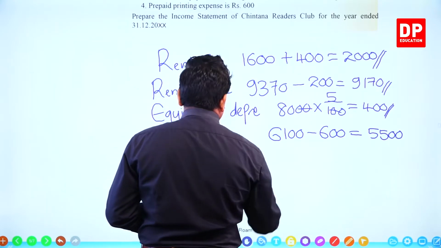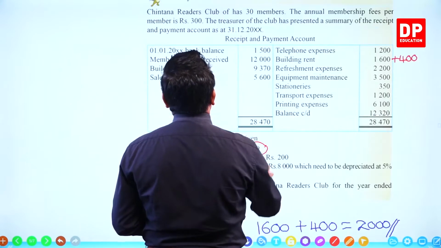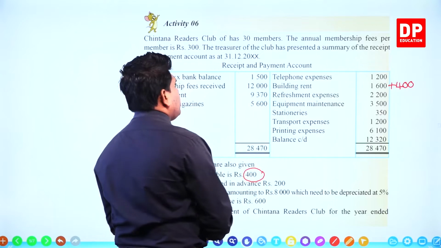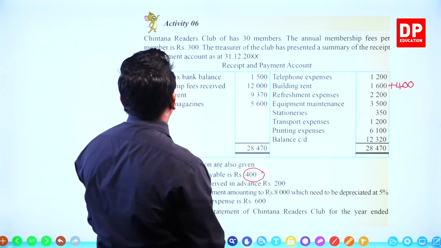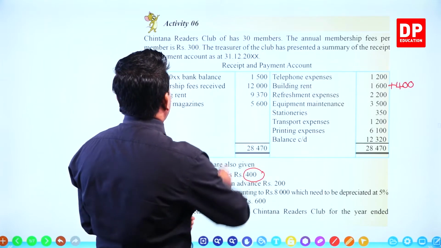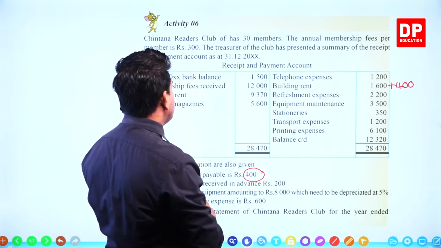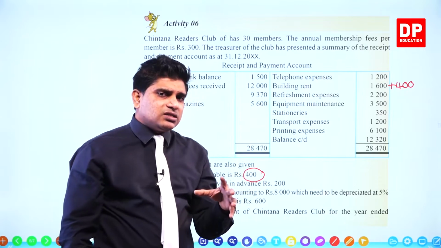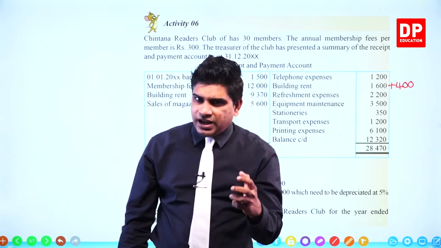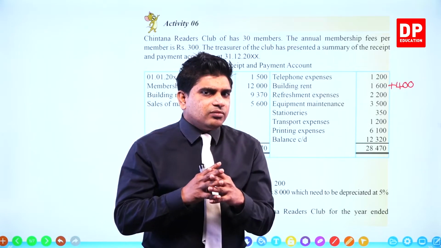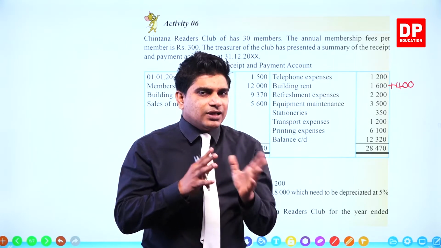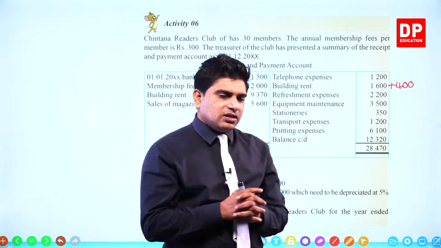Now, we finished all the additional information details, but we have to consider one detail here. It's about what? The annual membership fees per member is 300. How many members are there? 30 members. If you know the number of members and membership fees per head, then you consider those details every time to calculate annual membership fees, right?